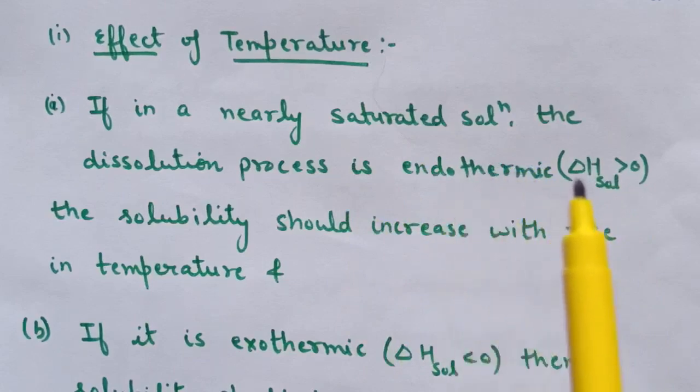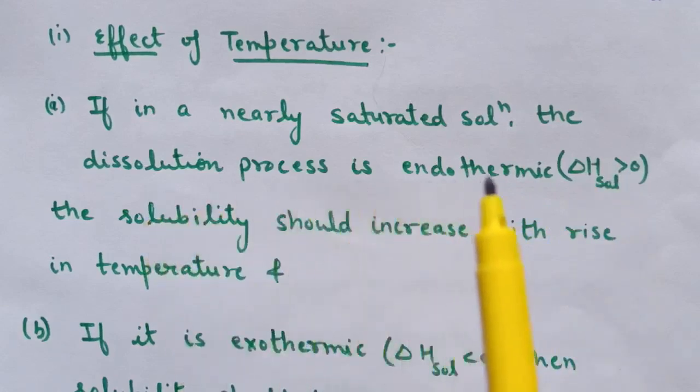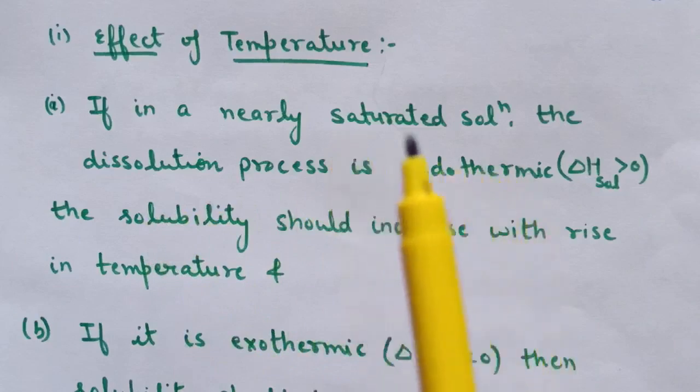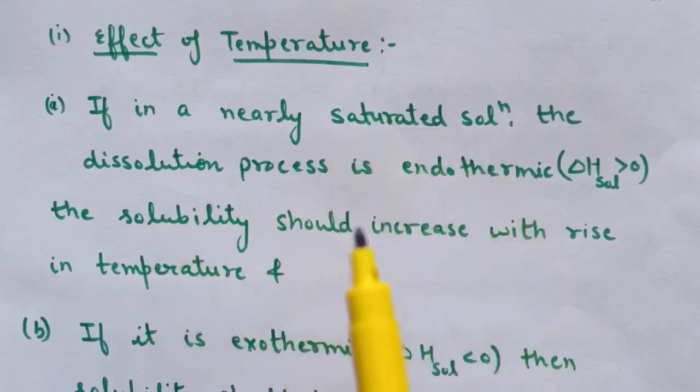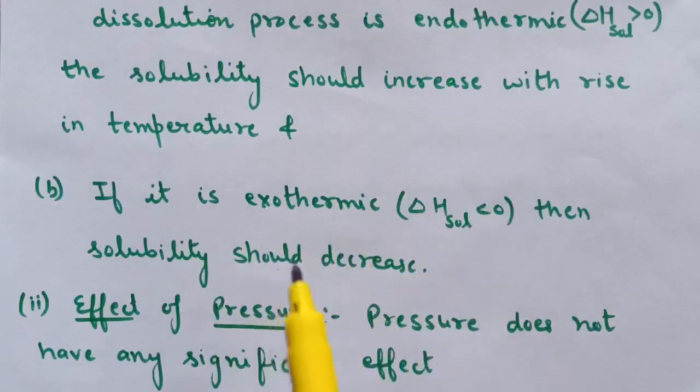So if delta H solution is greater than 0, then on increasing the temperature the solubility will increase. Second case is, if it is exothermic, that is delta H solution is less than 0, then in that case the solubility should decrease.